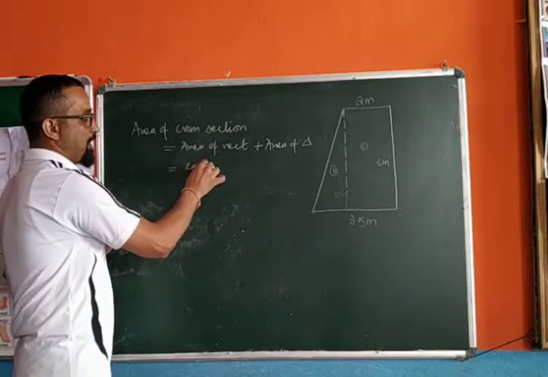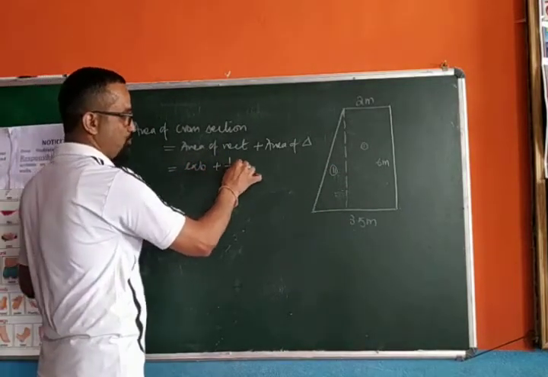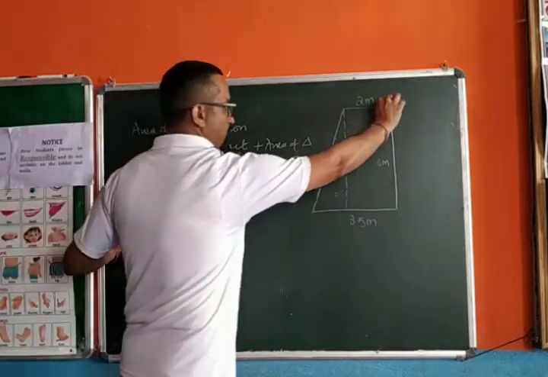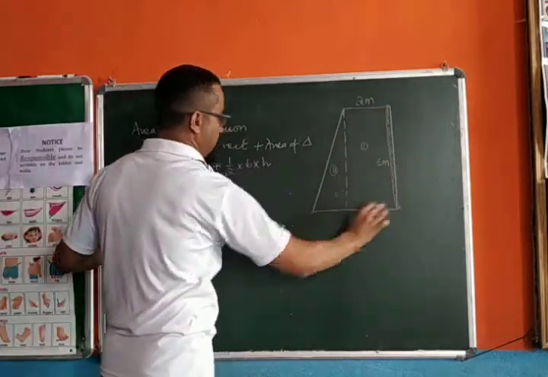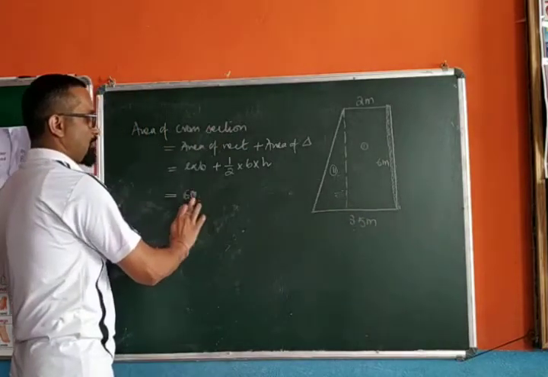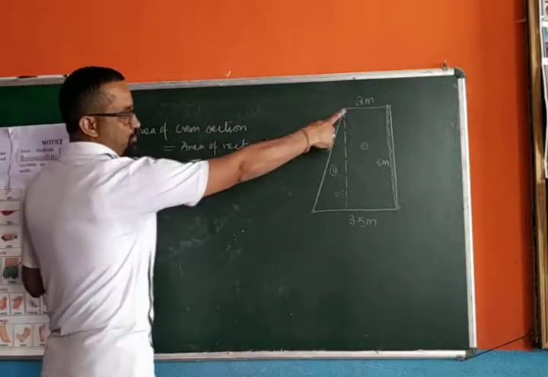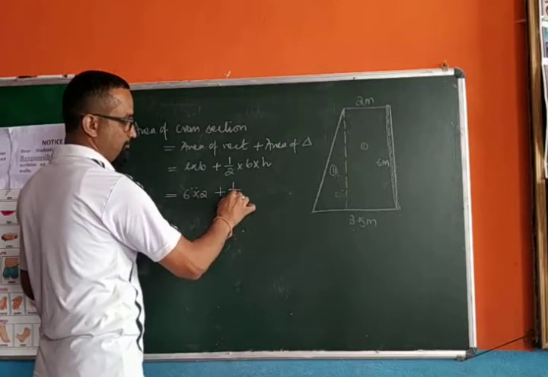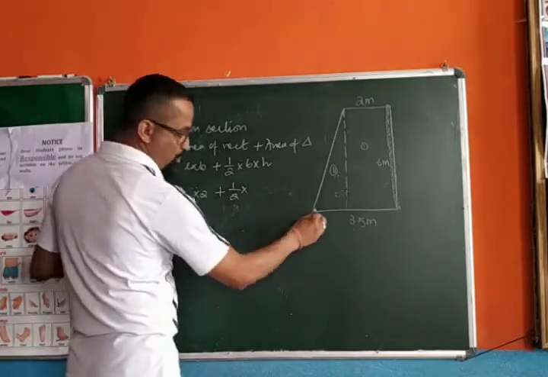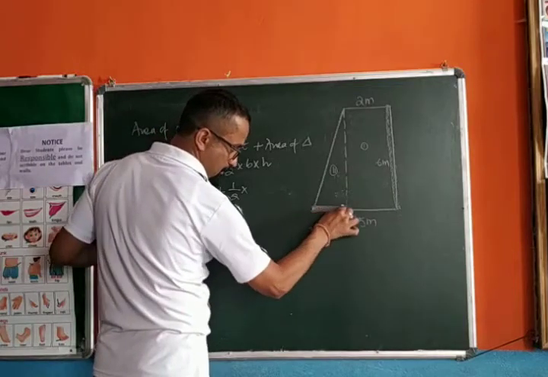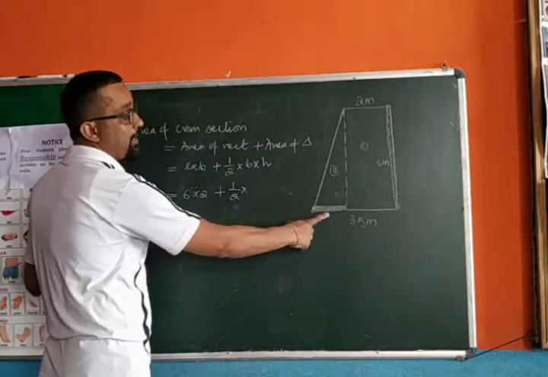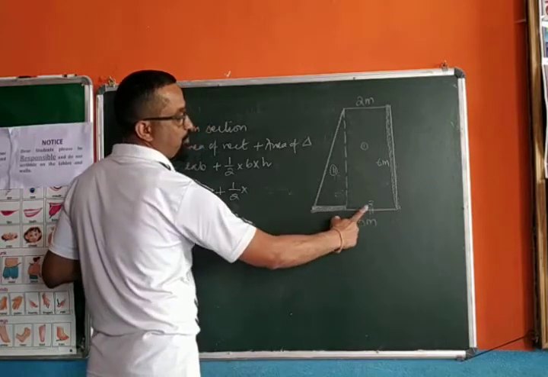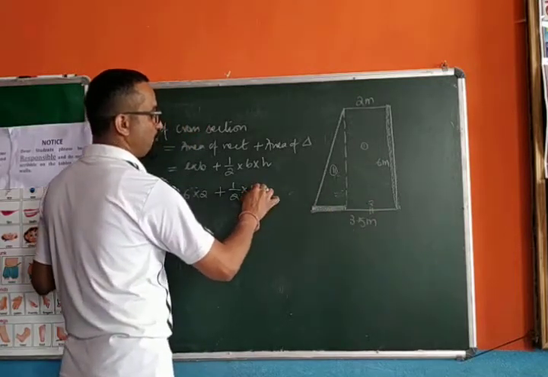Length multiplied by breadth plus half into base into height. We know the length, this entire is length, 6 meter. Breadth is 2 meter, plus half. We do not know the base of the triangle and we can calculate this because this side will be 2. 3.5 minus 2 is 1.5.